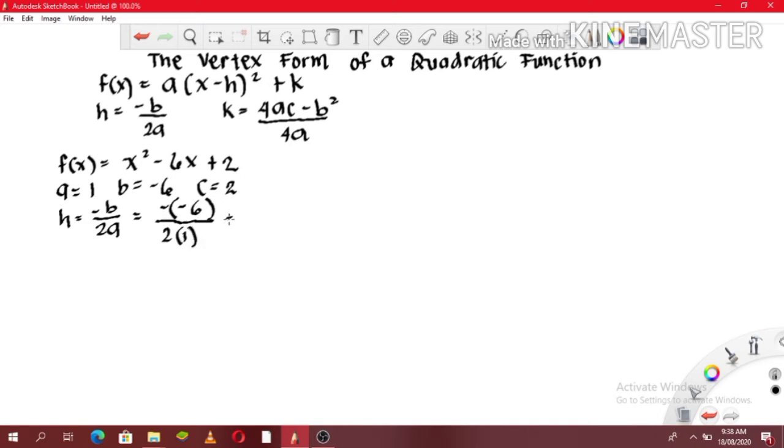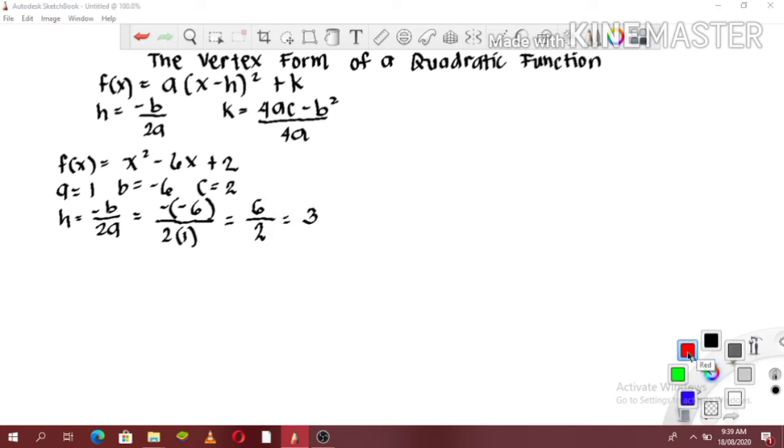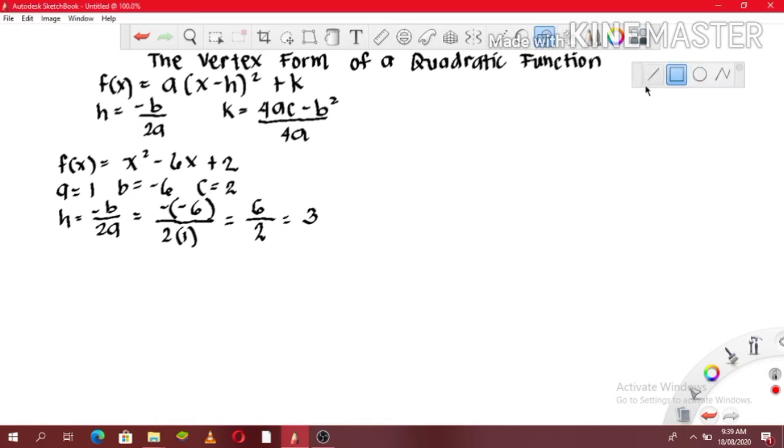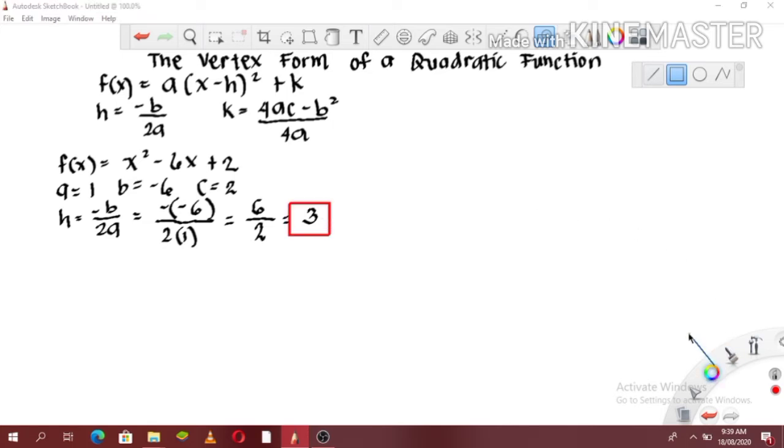Let's solve. Negative times negative 6 is positive 6 divided by 2 times 1, which is 2. And 6 divided by 2 is 3. Okay? Therefore, the value of h is 3. Ito yung value na isusulat natin sa h mamaya sa ating vertex form.